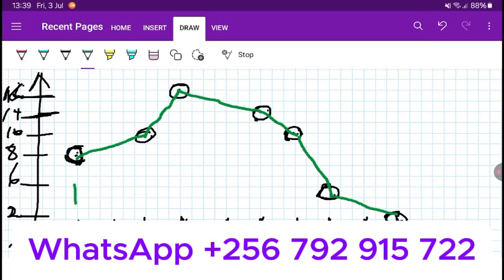You don't connect like this, no. You connect in the way it is flowing. If it is flowing like this, then that's how you connect. Even this side you connect like that. In the shape it is taking, so you follow the shape, not just using a straight line just to connect from where you have plotted the first plot.